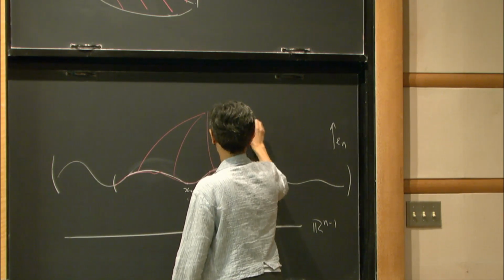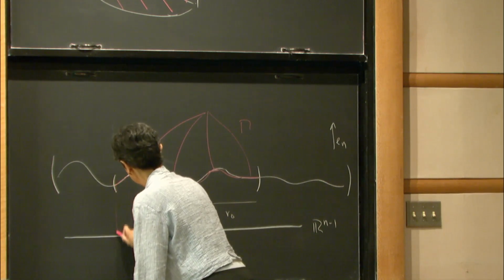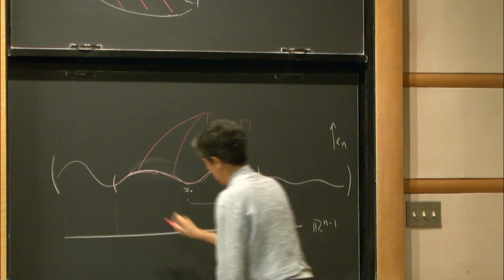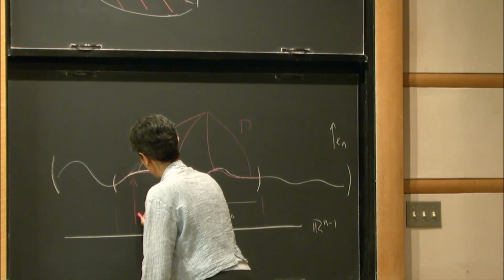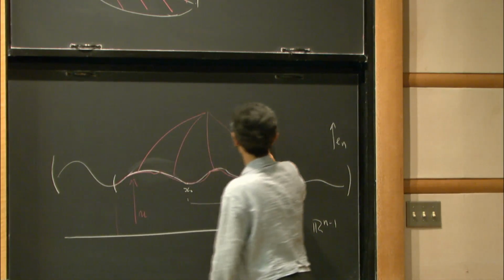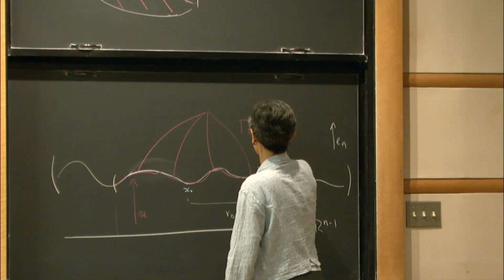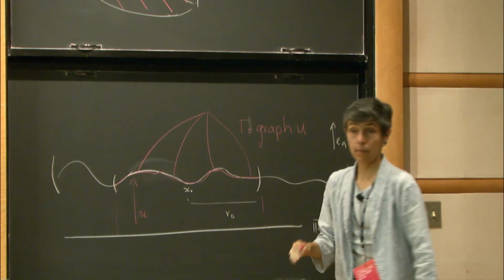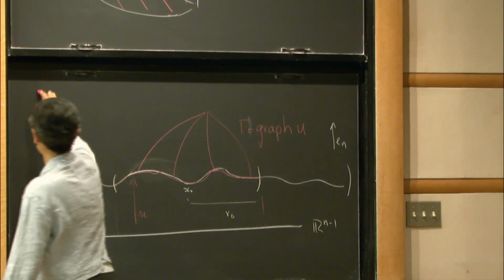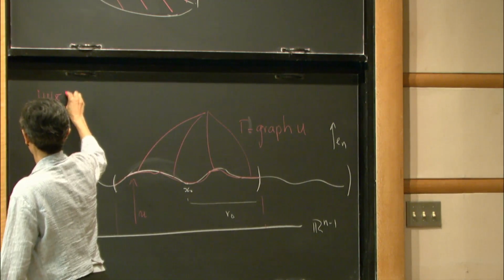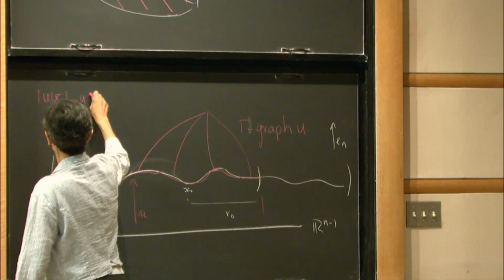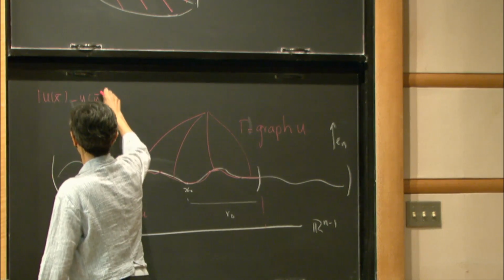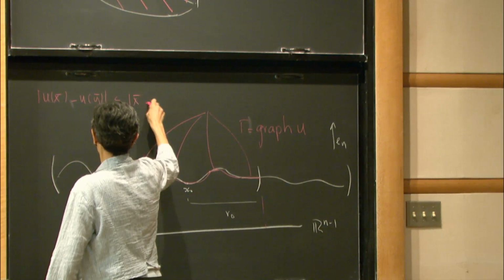But the red thing is gamma. Here is the function u. And so gamma is the graph of u. U has Lipschitz constant less than 1. So that tells us |u of x bar minus u of y bar| is less than |x bar minus y bar|.